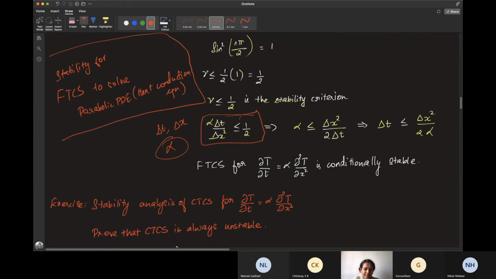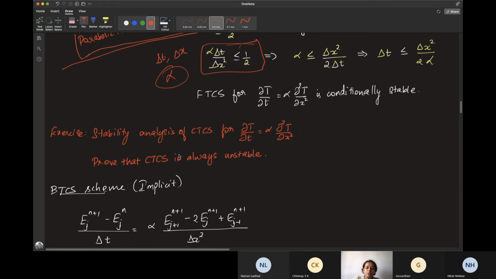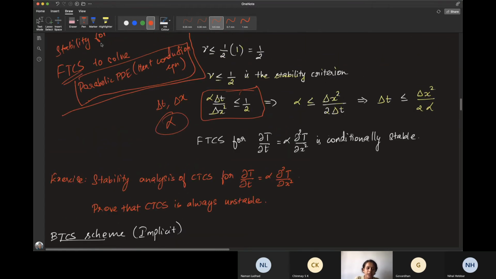Now for the same parabolic PDE, heat diffusion or heat conduction, we'll see other things. So now that we have seen FTCS, you can try CTCS for the same equation. Dou T by dou t will be just, you'll have something like this.